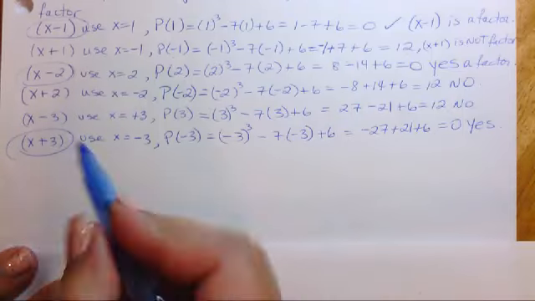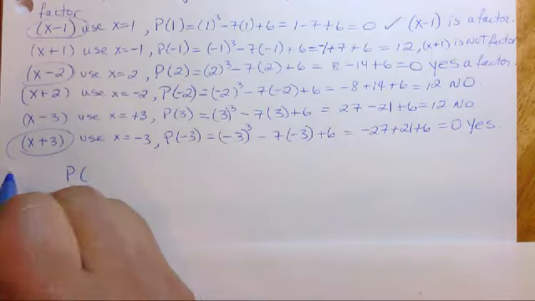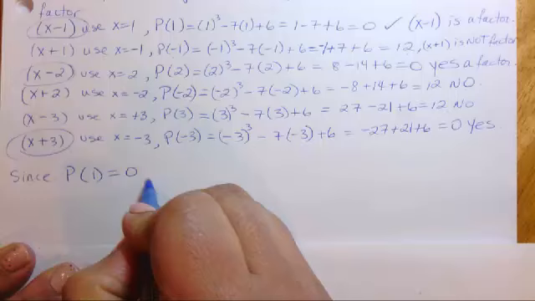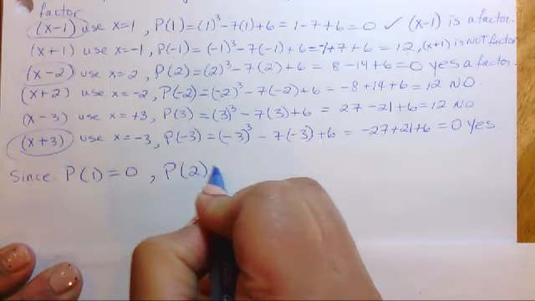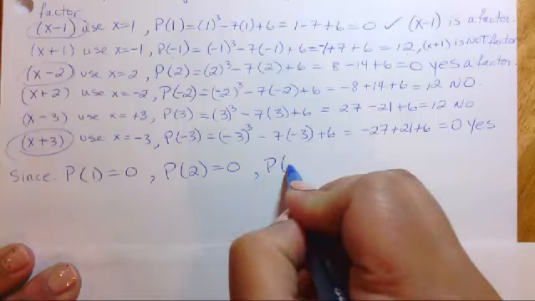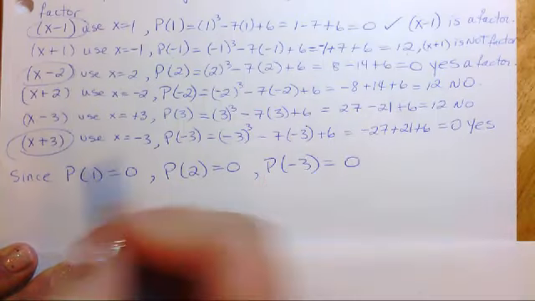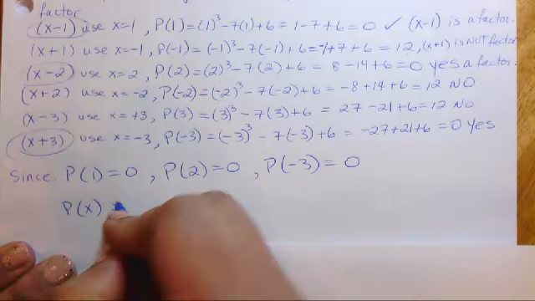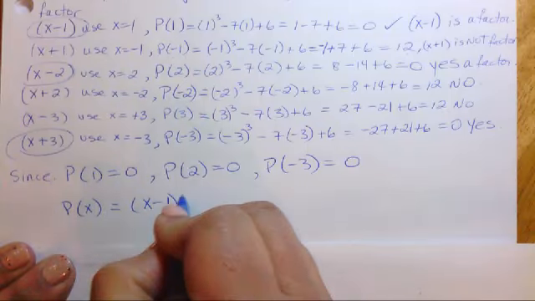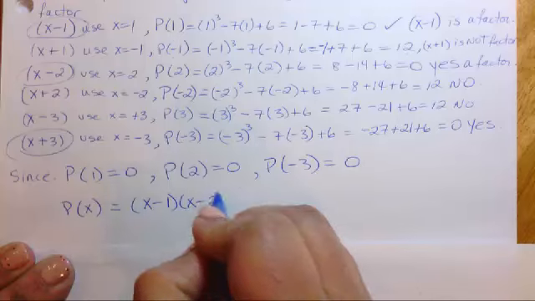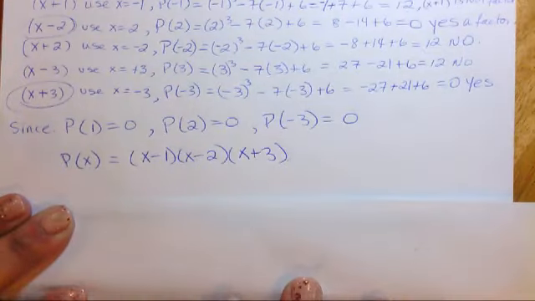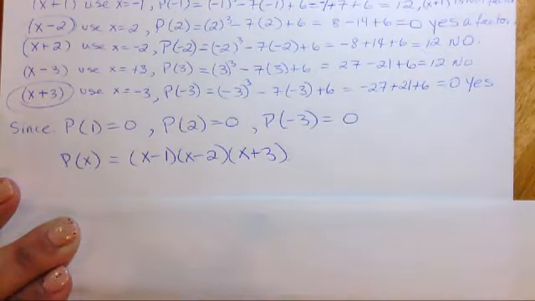So then I could have a statement at the end, and it could look like, since P of 1 is equal to 0, P of 2 was equal to 0, and P of -3 was equal to 0, that means that P of x could also be written this way: x minus 1, x minus 2, and x plus 3. So those are all factors of my original question that was given, which was x cubed minus 7x plus 6.